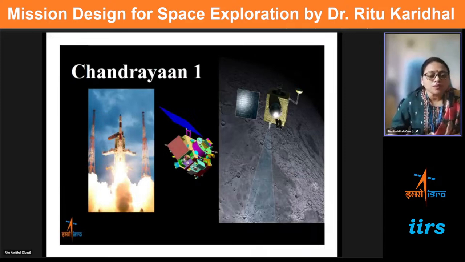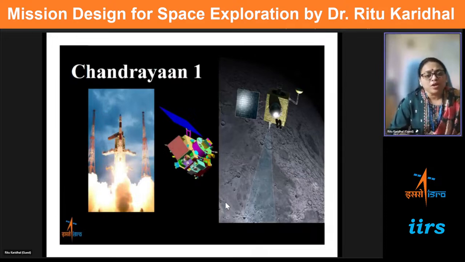Chandrayaan 1 was the first satellite that had to go beyond the Earth's regime, about 3 lakh kilometers away, because till that time our satellites were revolving around the Earth, doing either remote sensing or communication applications. But Chandrayaan 1 was the first mission going beyond those earthbound missions and reaching the moon.